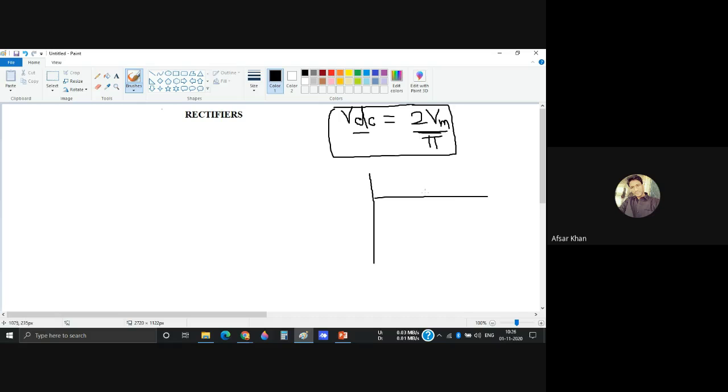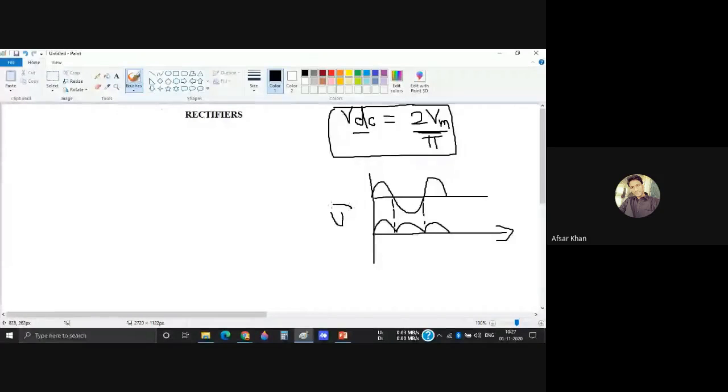Just see here, in an uncontrolled rectifier you have such a waveform. This is the input. Then in the output, if it is a full wave, you can see such a waveform. So it is for the uncontrolled rectifier.